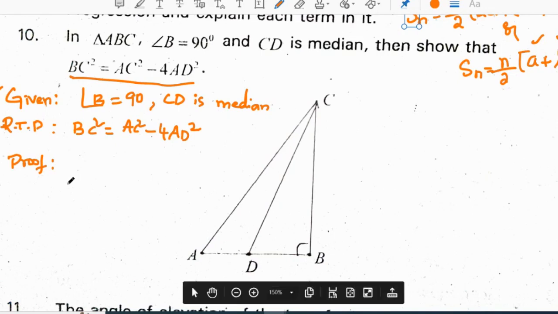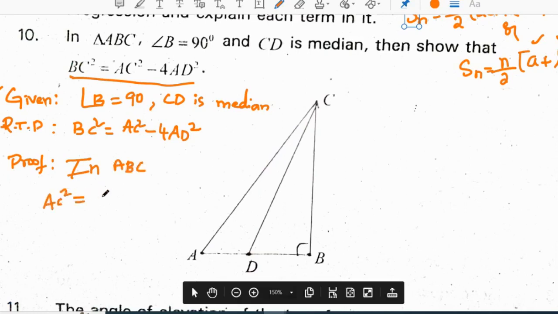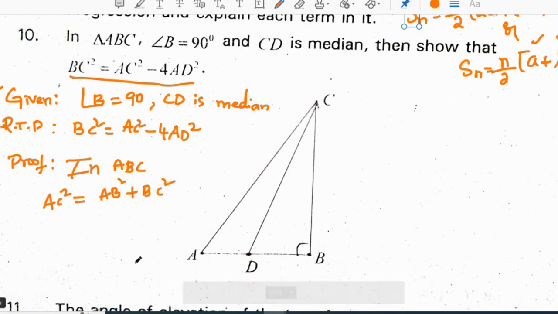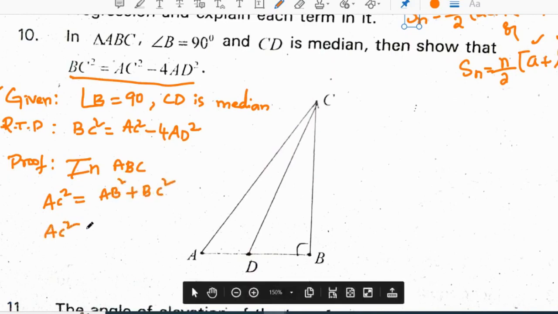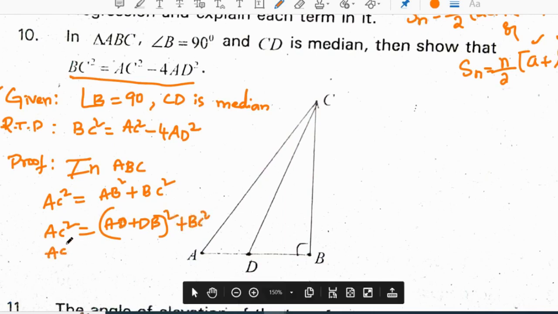Triangle ABC is a right angle triangle, so you have to use Pythagoras theorem. In triangle ABC, obviously AC square will become AB square plus BC square. So AC square is equal to AB, I will express as AD plus DB whole square, plus BC square. So AC square is equal to AD plus DB, I will write as AD plus AD only.